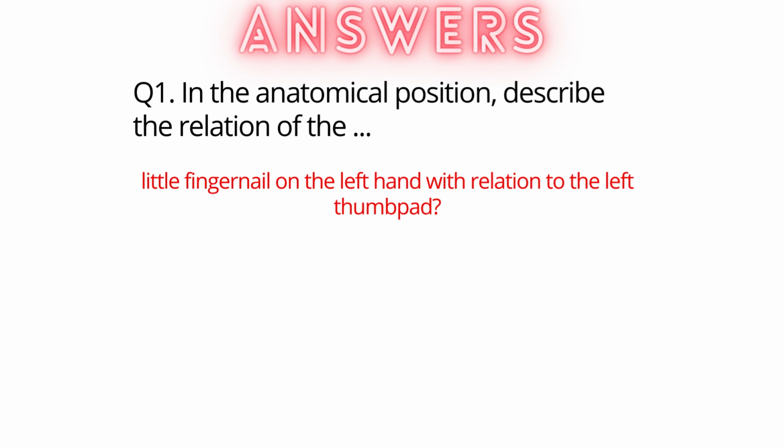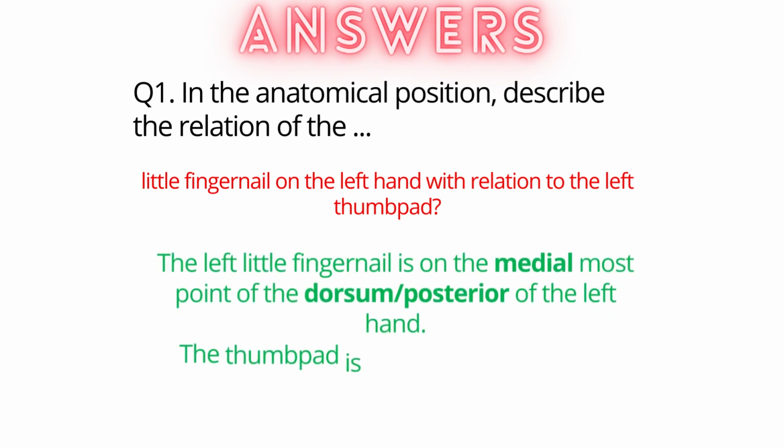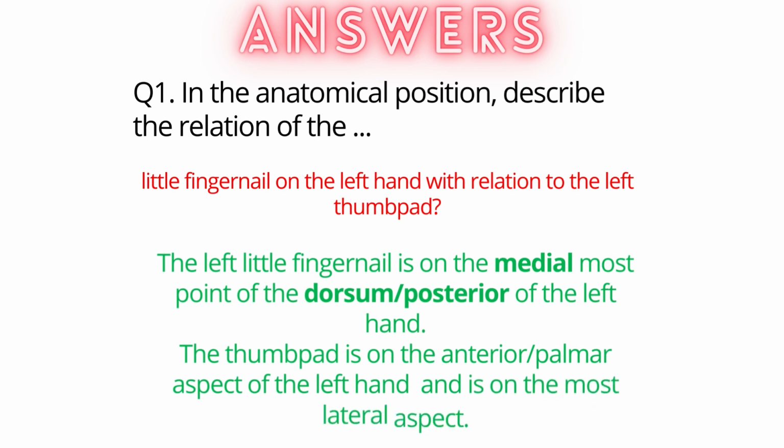So in the anatomical position, as the palm of the hand is facing forwards, the little fingernail is closer to the midline, whereas the thumb is more lateral. The thumb pad is also on the palmar aspect of the hand, whereas the nail is on the dorsal or posterior aspect of the hand. In summary, the little fingernail is more medial and posterior to the thumb pad.